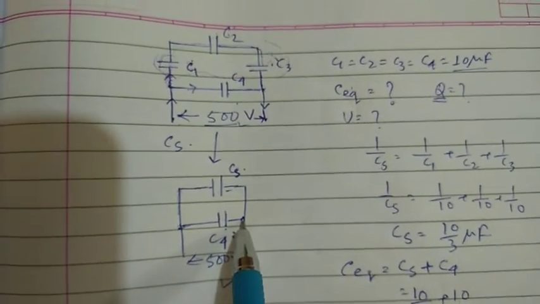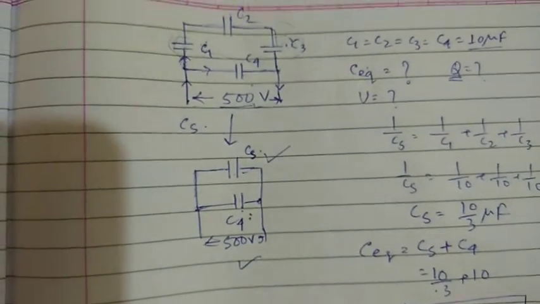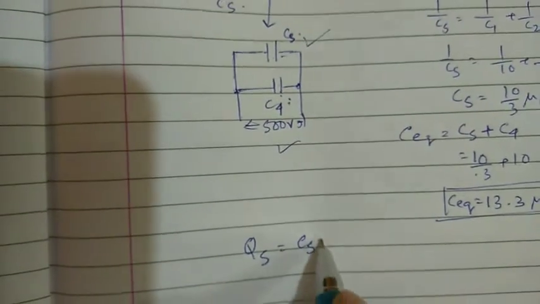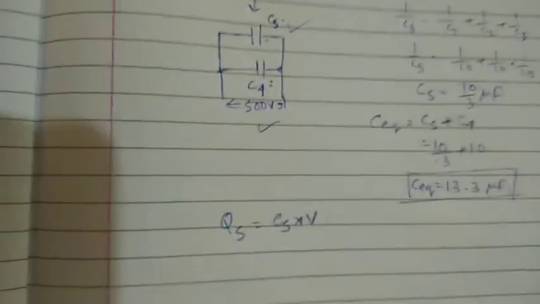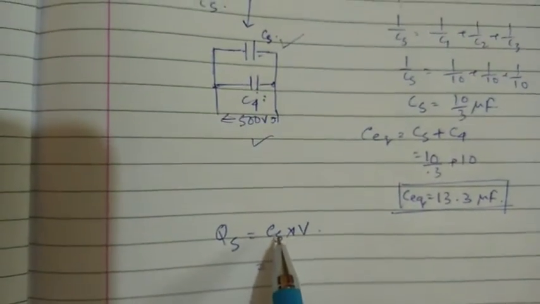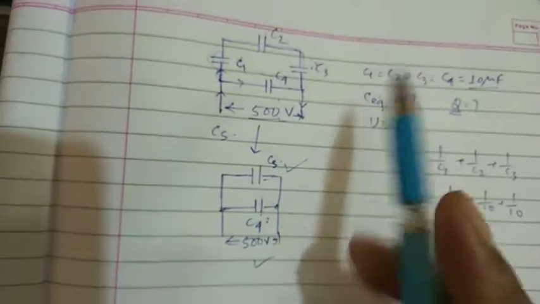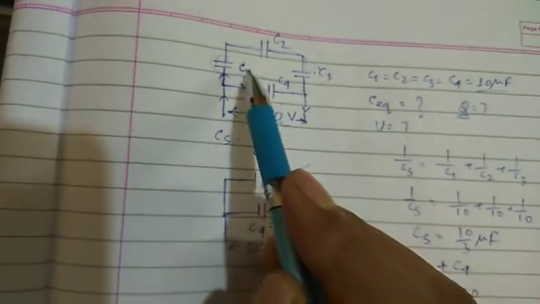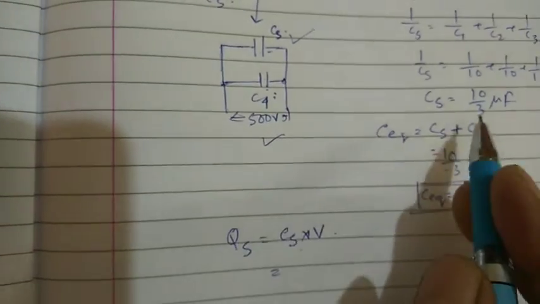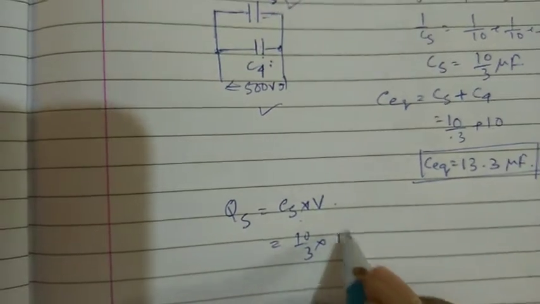For CS, we can write the charge QS equals CS into V. Since CS is the equivalent of C1, C2 and C3 in series, the same amount of charge will be stored in each. CS is 10 by 3 microfarad, converted into farad, 10 to the power minus 6, and V is 500.